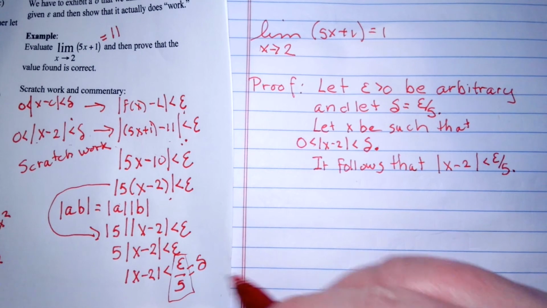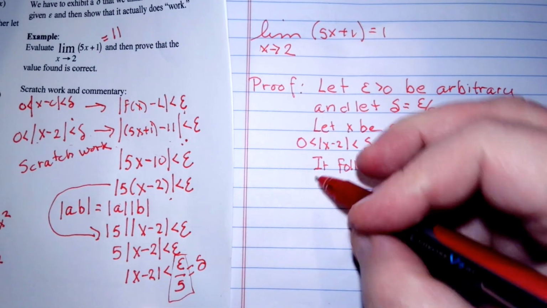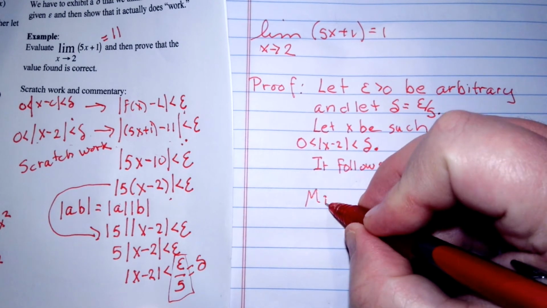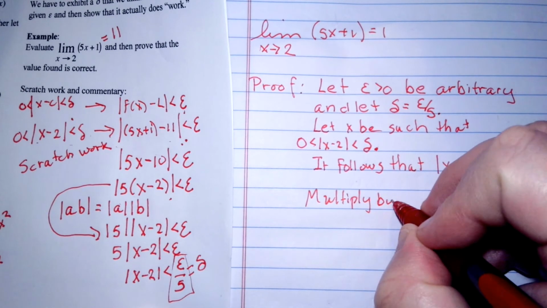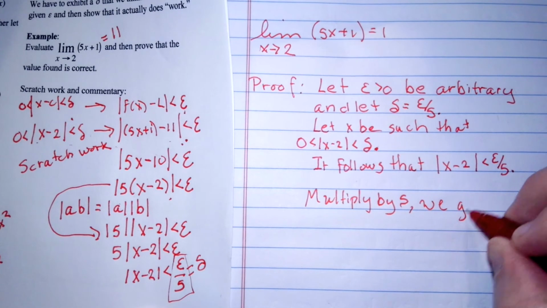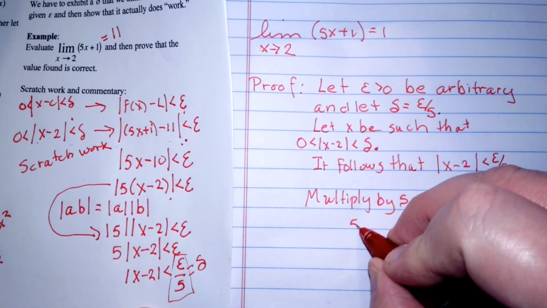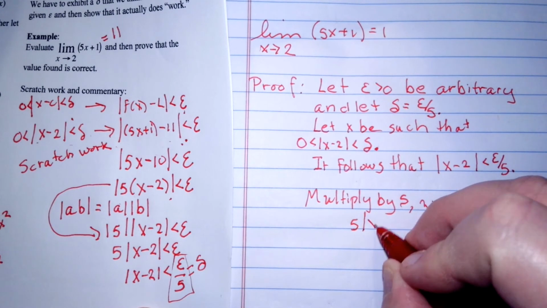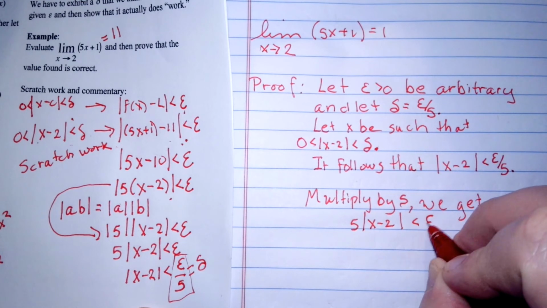Alright, so let's continue. We next need to go from here to here, so we might say something like multiplying by 5, and if you want to, you might say something like multiplying each side of the above expression by 5, we get 5 times the absolute value of x minus 2 is less than epsilon.